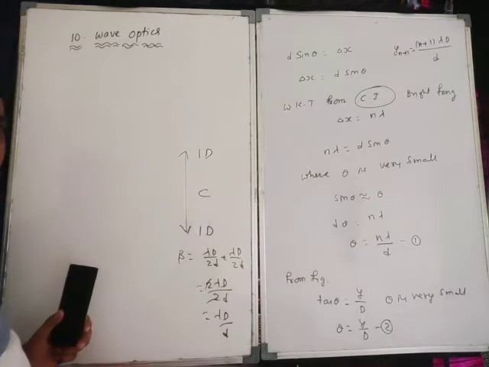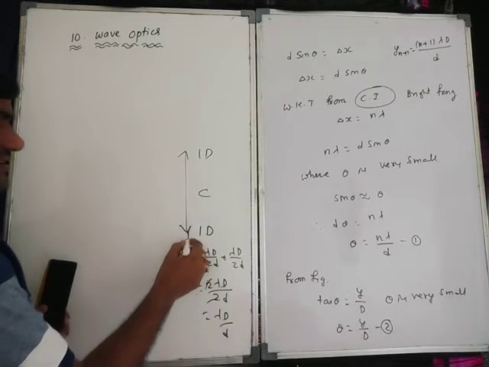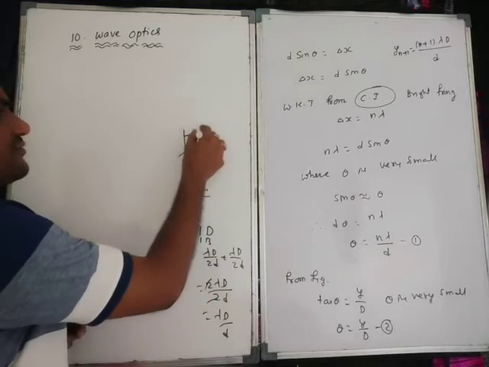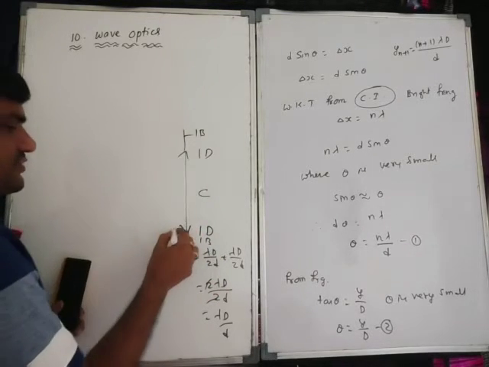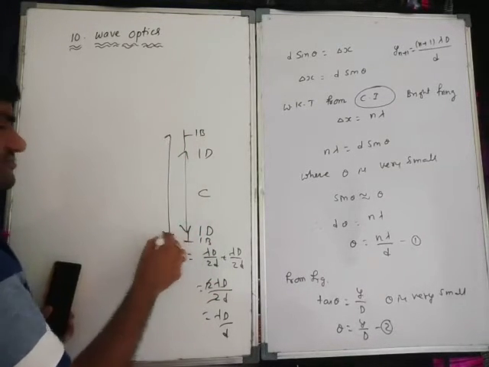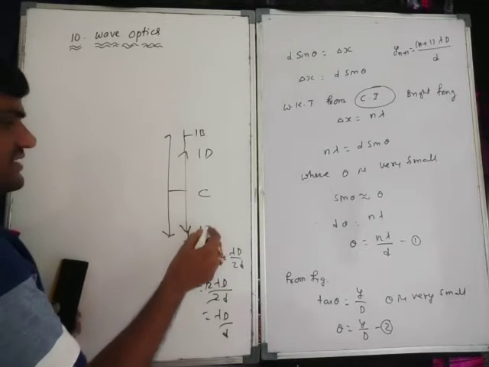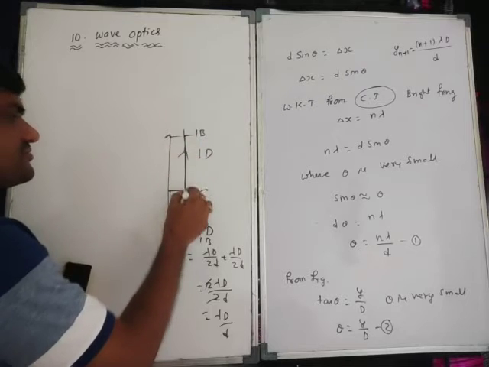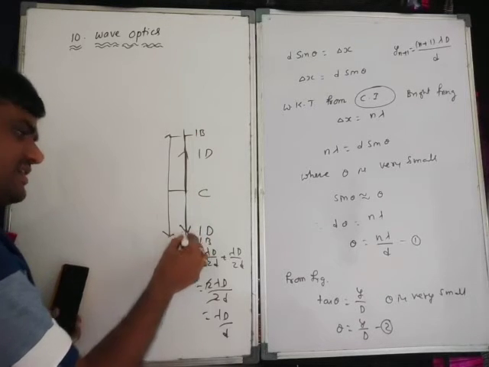Here also same, right? Similarly, for example, here is the first bright. From here to here, the distance is how much? Same only.